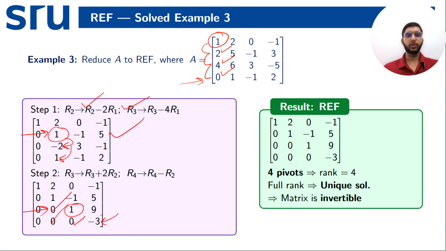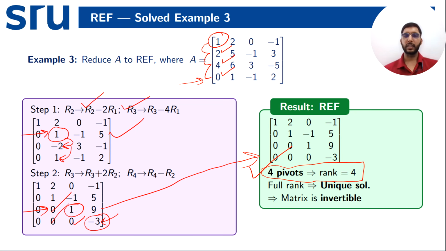Choose the first non-zero entry, and that is equal to minus 3, and this is your required row echelon form for this 4 cross 4 order matrix. There are 4 pivot entries, and that is equal to the rank.